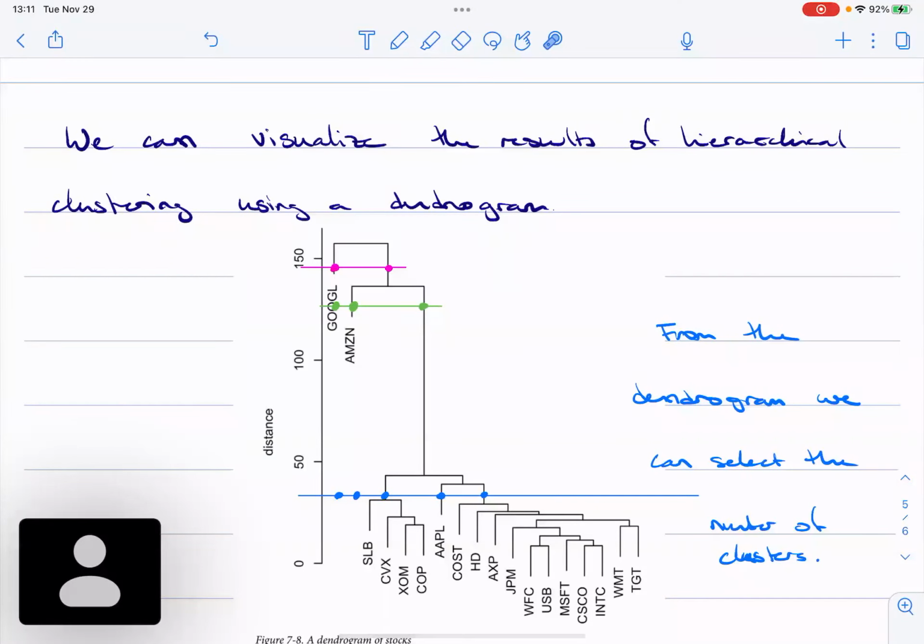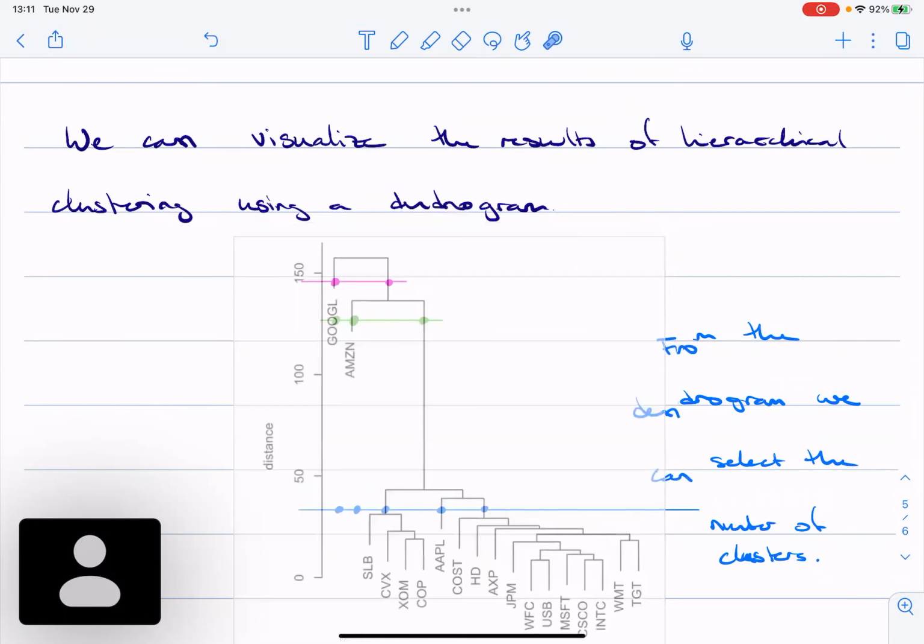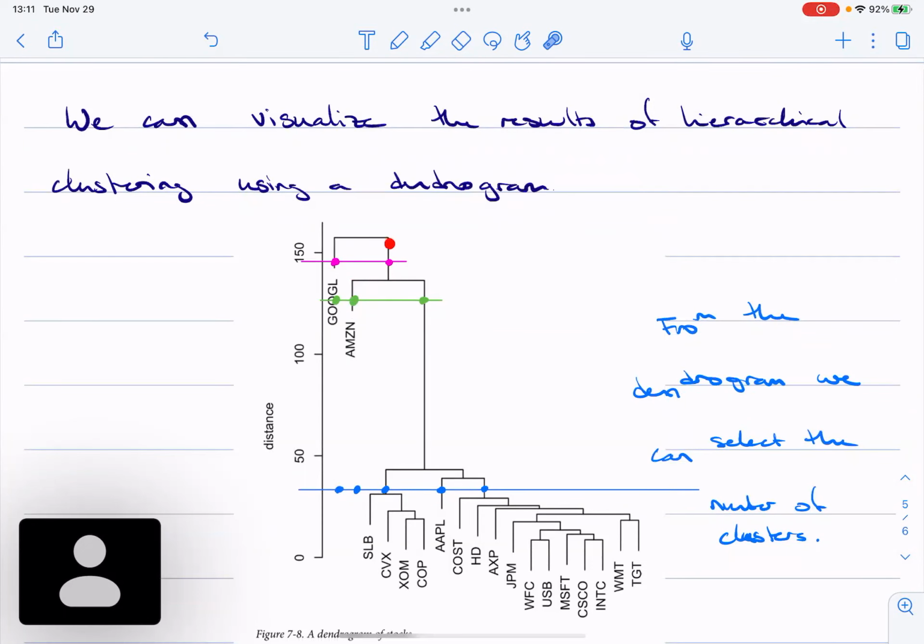If we ignore this one, let's focus on this one, because for me, this distance would be the distance between Amazon and Google, right? If I go down to Amazon, the dissimilarity between Google and Amazon.